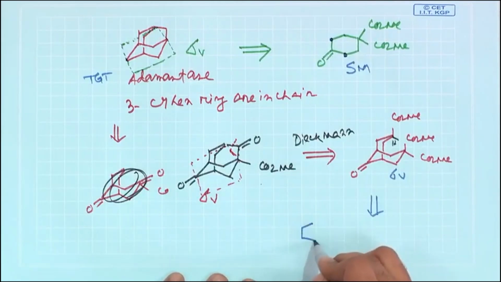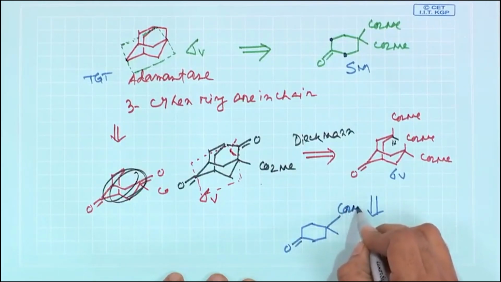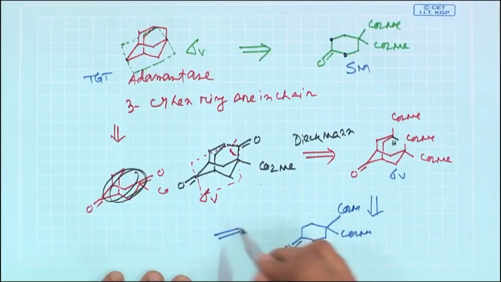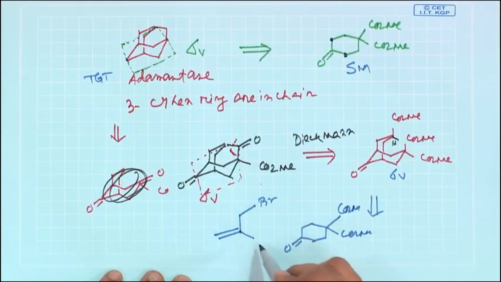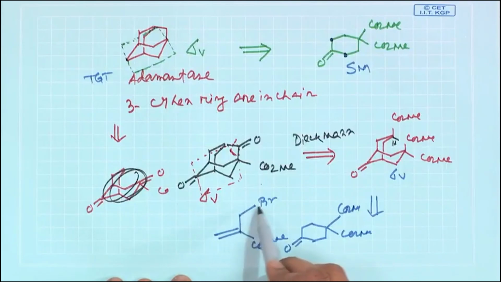Now, the way it has been done, you take the starting material with CO2Me, CO2Me and take this compound. This compound is very unique. It has a Michael acceptor at one end, and in addition, it has an electrophilic allyl bromide at the other end.